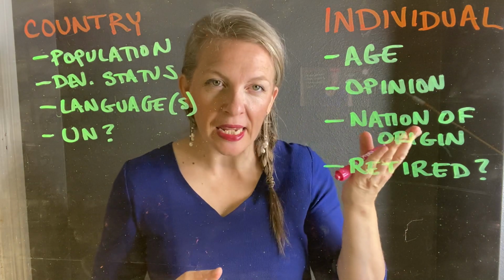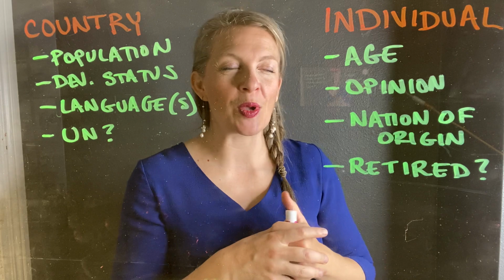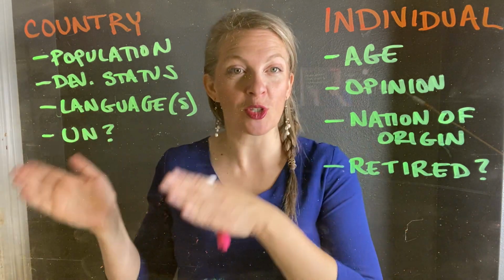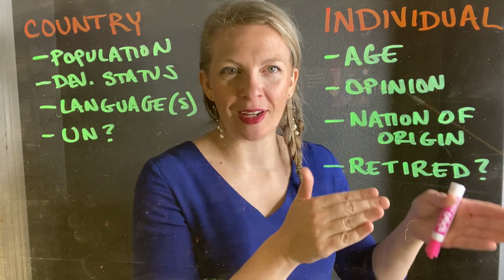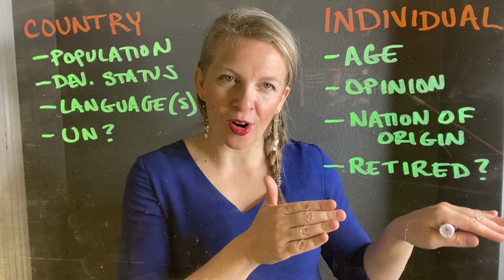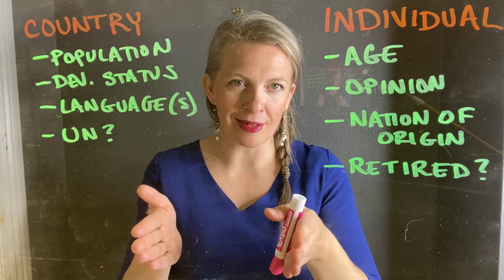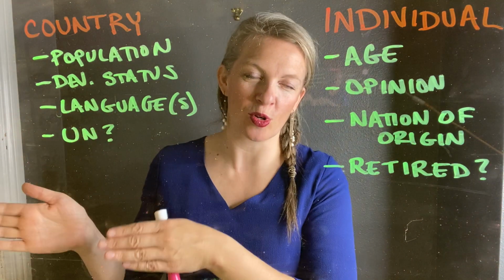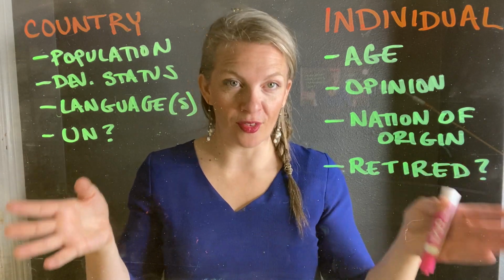With opinions on the individual side, it's the same sort of thing. If we use a standard 5-point Likert scale from strongly disagree to strongly agree, you know that strongly agree is always further on one side of the scale than agree, and that's further than neither agree nor disagree, which is further on that side than disagree or strongly disagree. So there has to be an order for an ordinal variable.